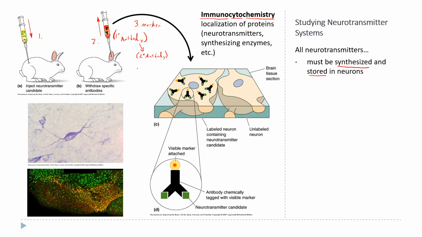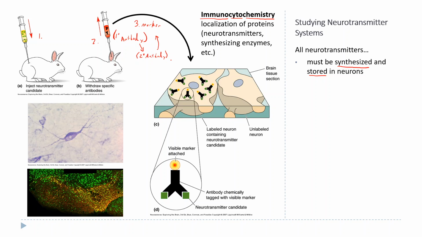Inject that into a goat's bloodstream, and then that goat will make antibodies that are specific to rabbit antibodies, and then that antibody gets tagged. So in other words, you don't necessarily have to tag the primary antibody. You can tag the secondary antibody, which is sometimes better. It's more specific, and it's usually easier.